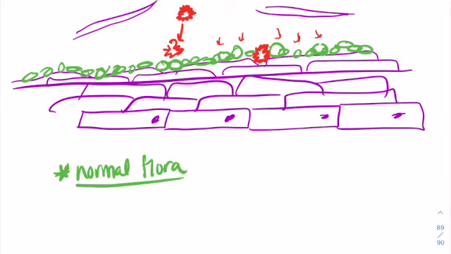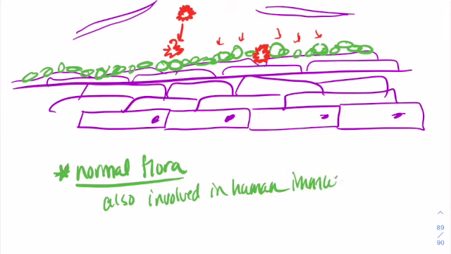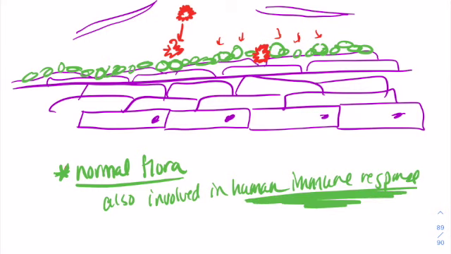Normal flora also have been shown to be involved in the human immune response. Where they can work with antigen, where they basically can summon the immune system to come on over here.